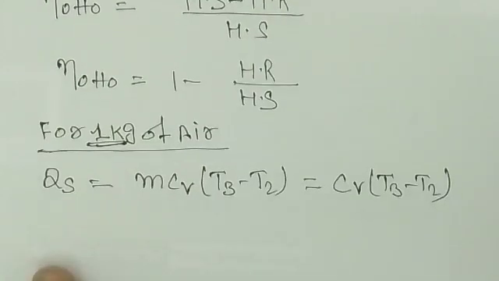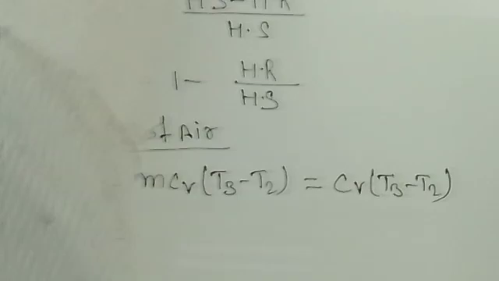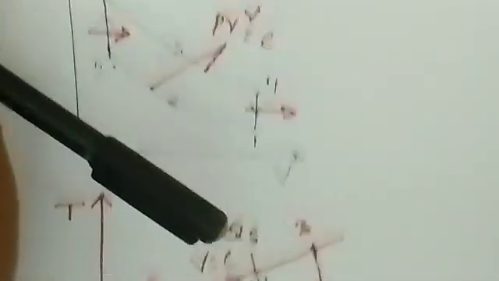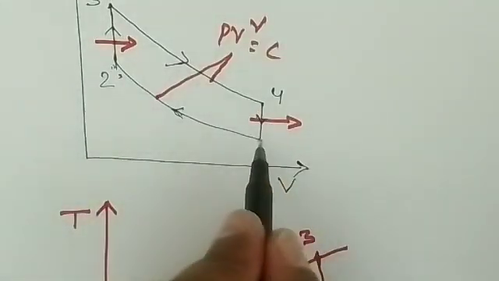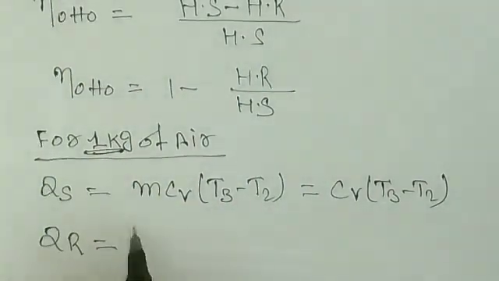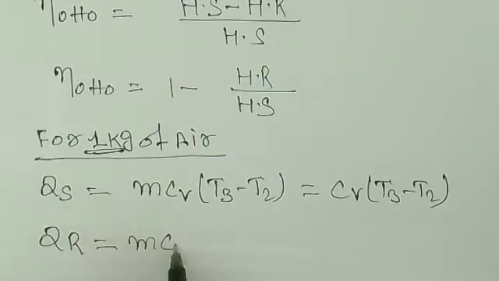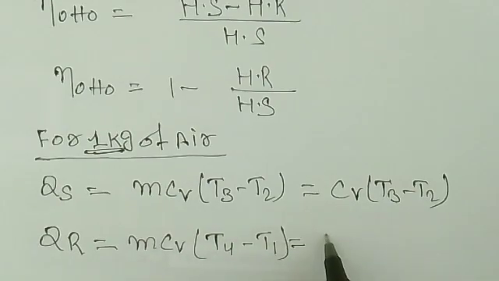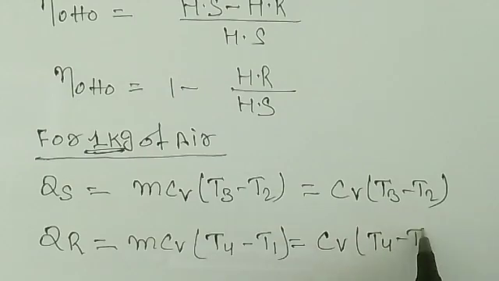Alright. Similarly, we can go for the heat rejection, that is QR, equal to the same, but from the 4 to 1 process. From 4 to 1 you are rejecting the heat at constant volume itself. So it will become m CV (T4 minus T1), right, is equal to CV (T4 minus T1).